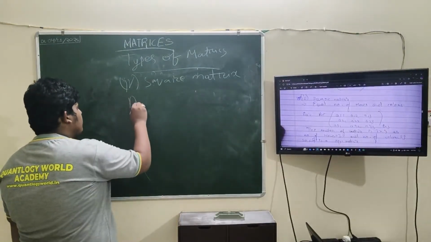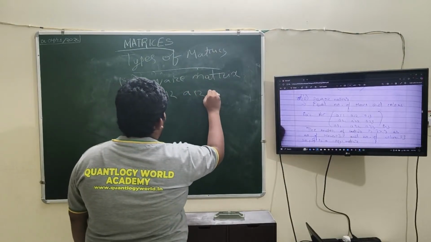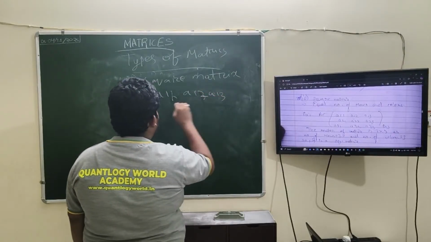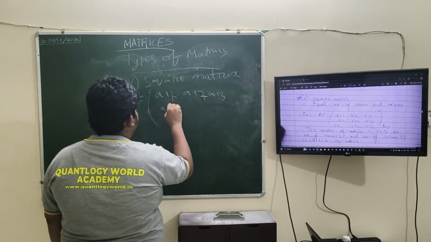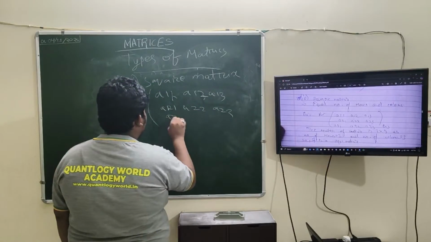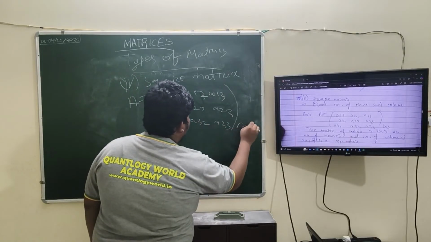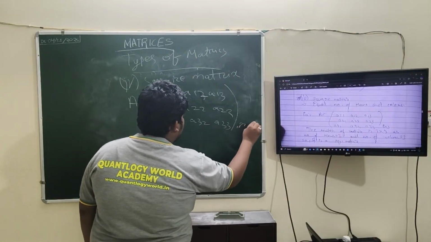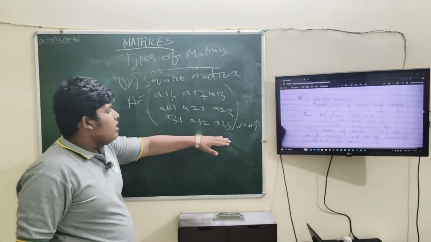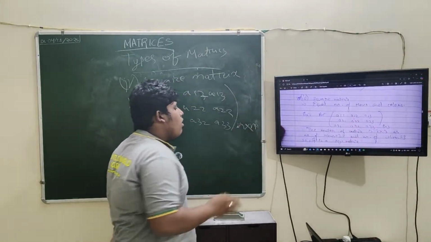Let's write the general form. The order is n cross m. This is the general form of the matrix, and for a square matrix the number of rows and number of columns should be equal.